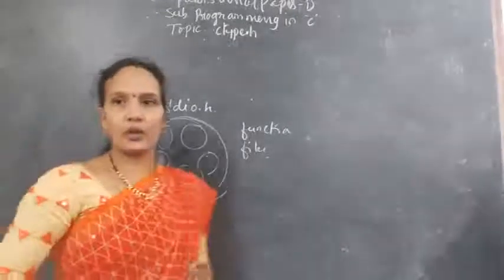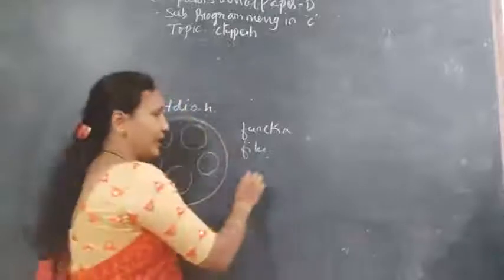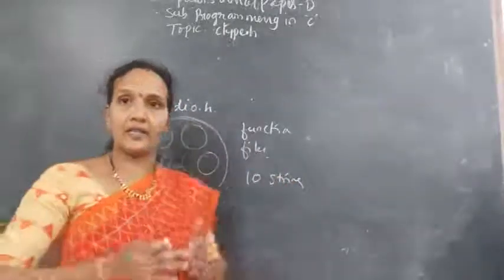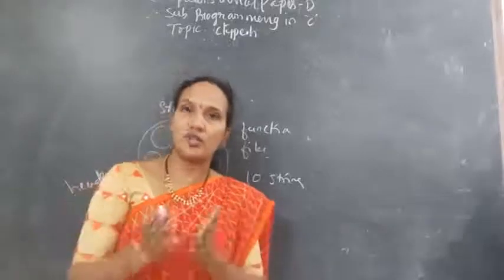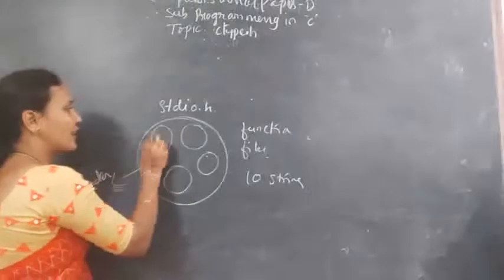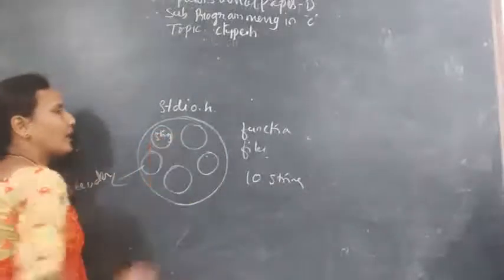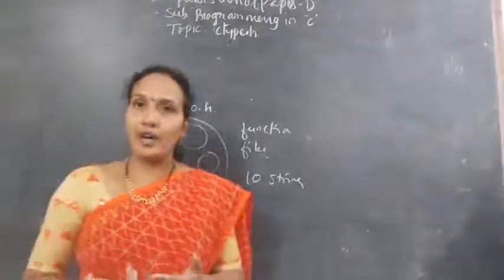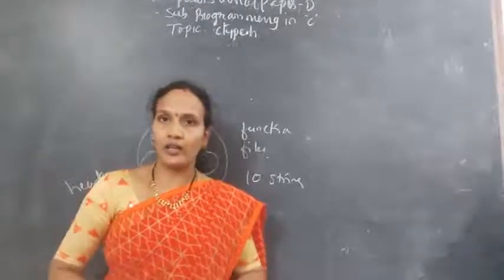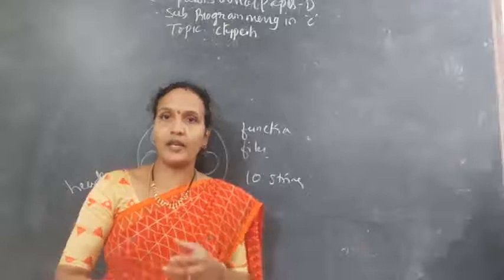For example, in C programming, you have 10 string functions, meaning functions which are related only to strings. All those functions are stored in a string header file. And for example, you have character functions like uppercase, lowercase, and so on.